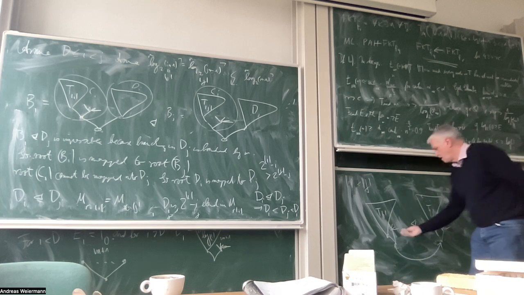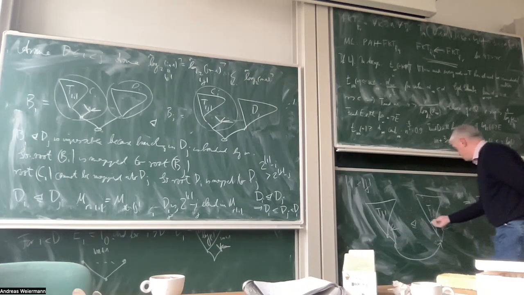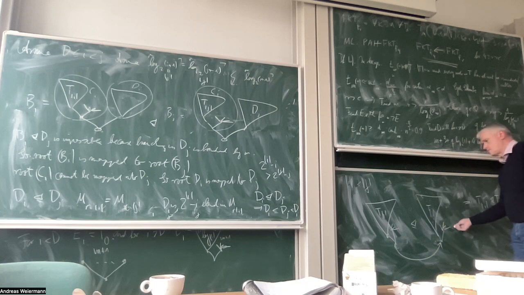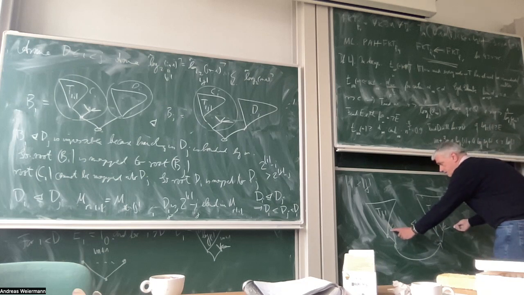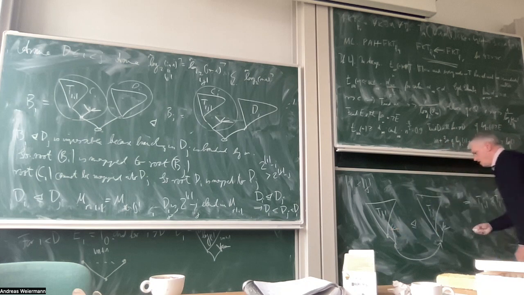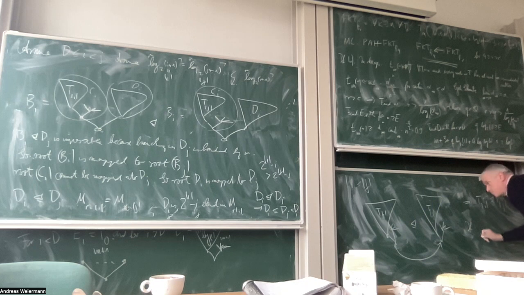Or this node goes into this tree here, but then this tree has to go into this. So if Ti embeds into this strange tree, then this tree is to go to T. But then you see by transitivity, this moves into this moves into this. Again, i moves into j.